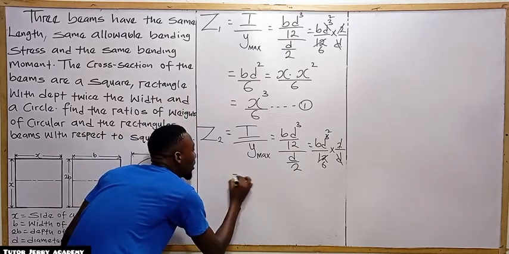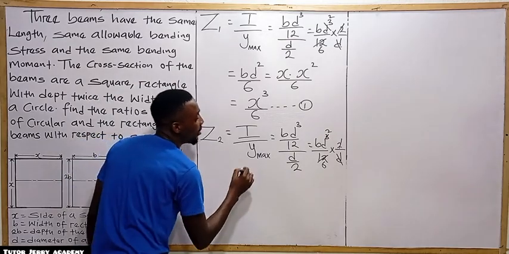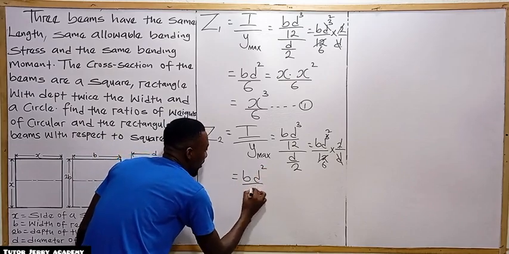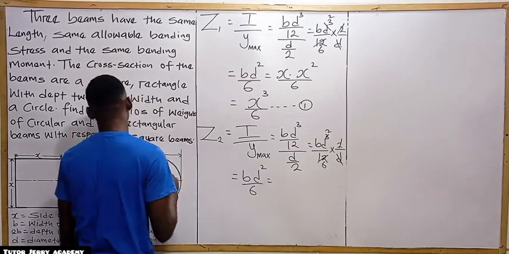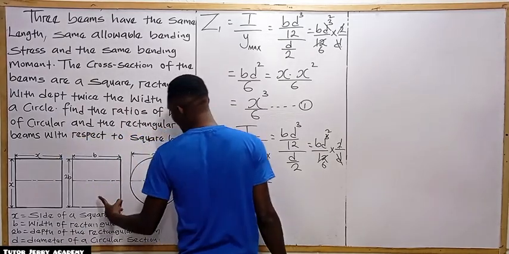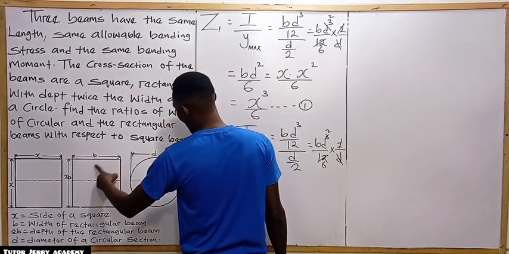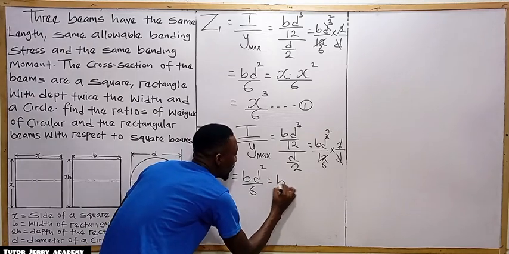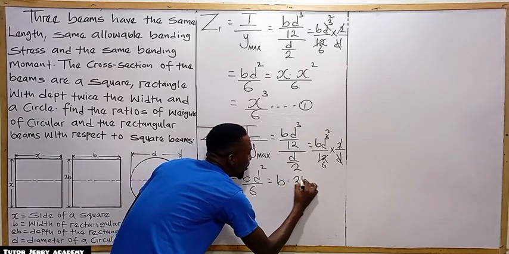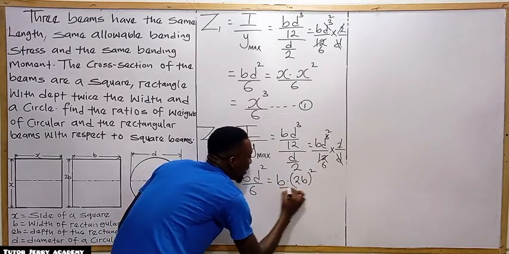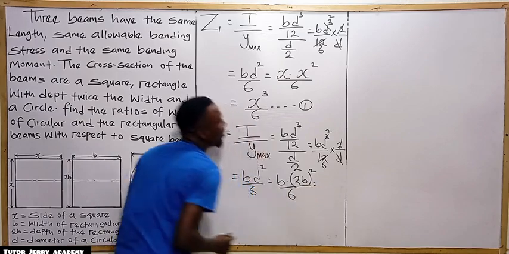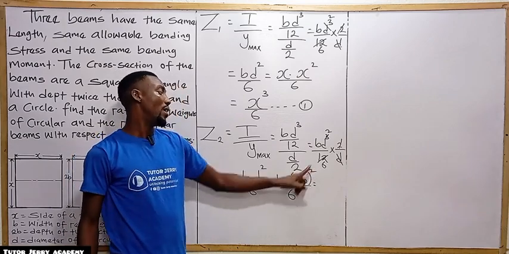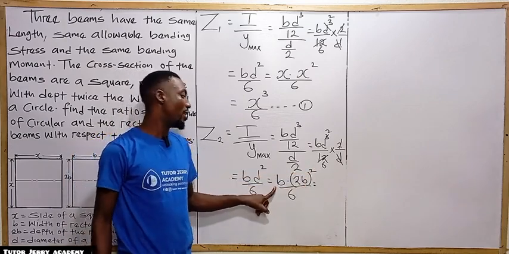So we can further write this as bd squared over 6. So this will be equal to our base. The base is b and the depth is 2b. So it's going to be b multiplied by 2b all squared divided by 6. So this will be equal to 2 squared is 4, b squared is b squared, and b squared multiplied by b is going to be b cubed.